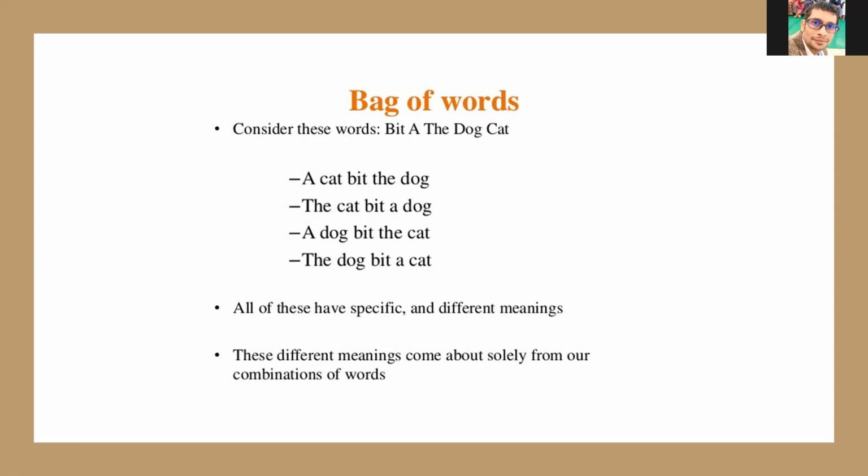If you organize them, it can become many sentences like: a cat beat the dog, the cat beat a dog, a dog beat the cat. All of these have specific and different meanings. These different meanings come about solely from our combination of words.